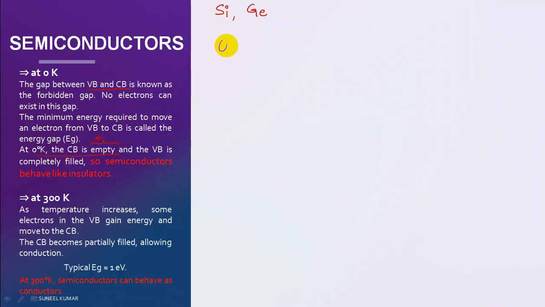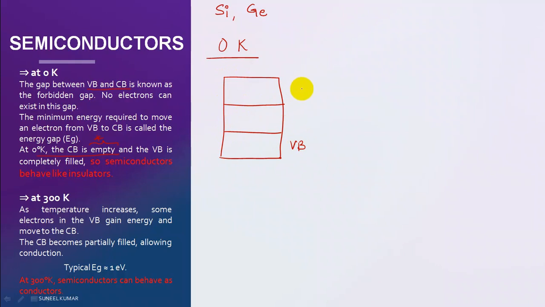So how can we explain this at 0 Kelvin? We can make the energy band diagram here. This is the energy band diagram. We have this valence band, this one is the conduction band, and this is the gap energy, which is generally 1 electron volt for a semiconductor.